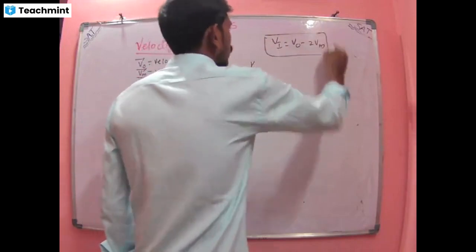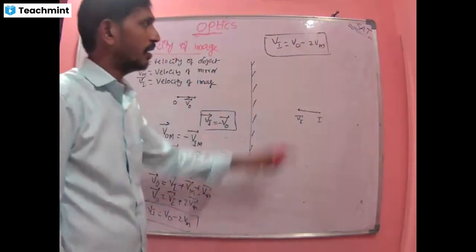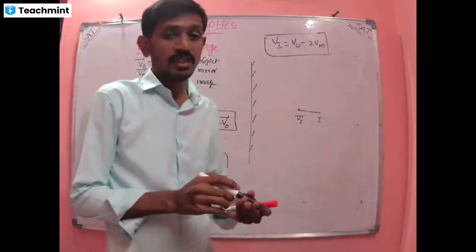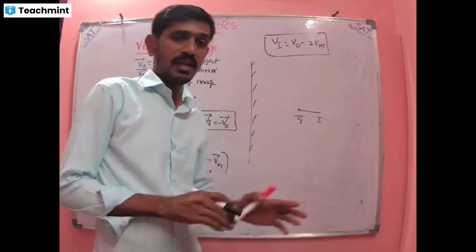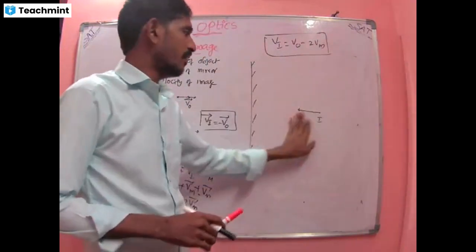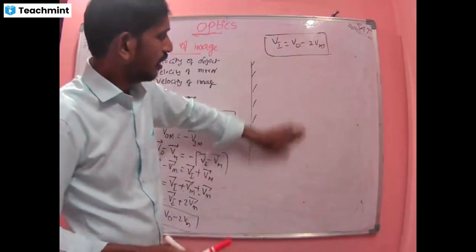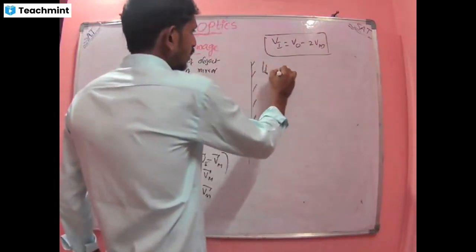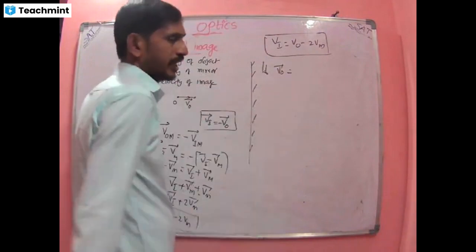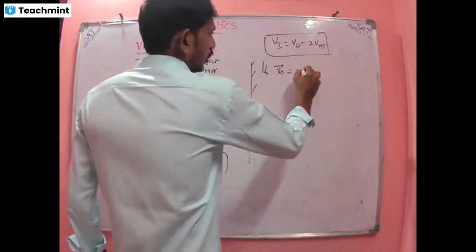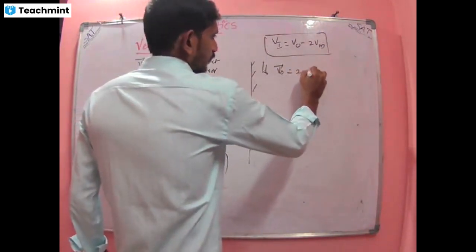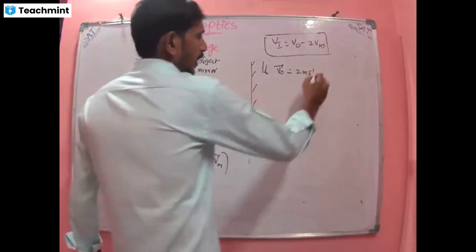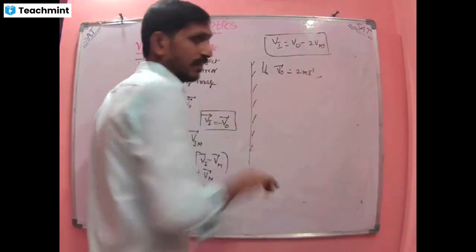This is a very important formula. We need to remember it while solving velocity problems involving the velocity of the image, object, and mirror. For example, I'll tell you a question from the EAMCET. If the velocity of the object is 2 meters per second, what is the velocity of the image?